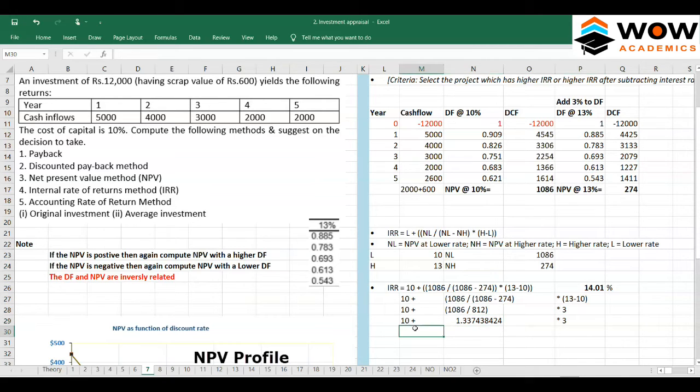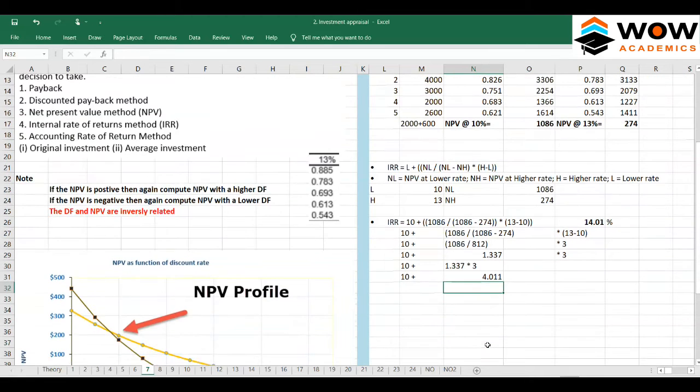So it would be 1.337 into 3, and again 10 will be there. Now solve this part. It comes to 4.011. Now add both. You will now get 14.01, and it's a percentage.